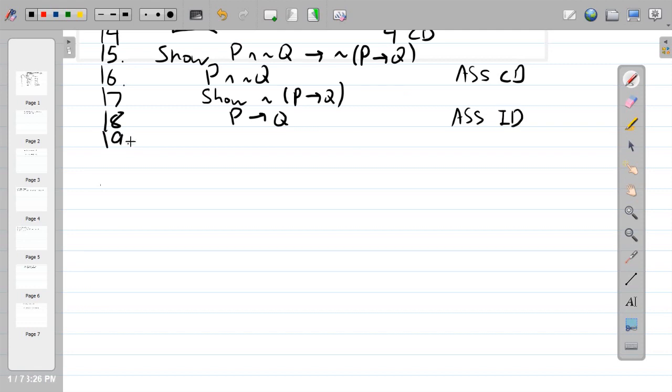You can't just assume ID at any point. You can only assume ID directly after a show line. So writing that second show line allowed me to get if P then Q. And this half of the biconditional is going to be easier to show.